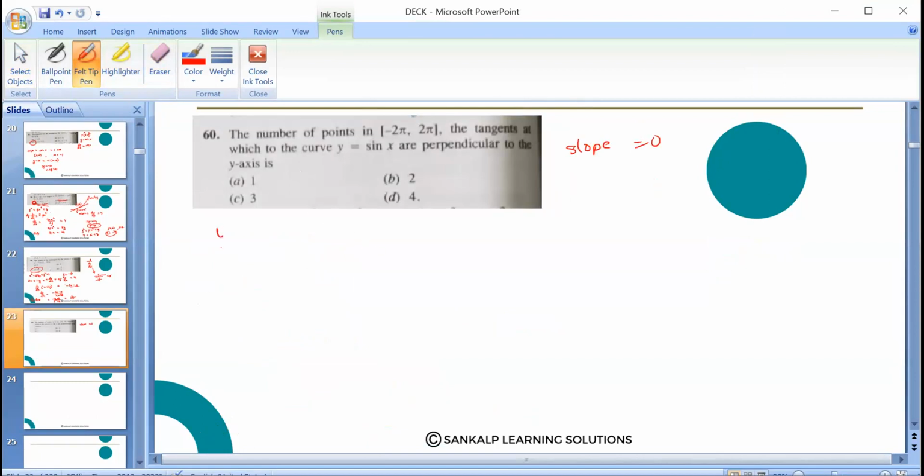So take the curve y equal to sin x, find the derivative, find the slope. Cos x. The slope has to be 0. That means x must be 2n plus 1, an odd number, into pi by 2, on the interval minus 2 pi to 2 pi.